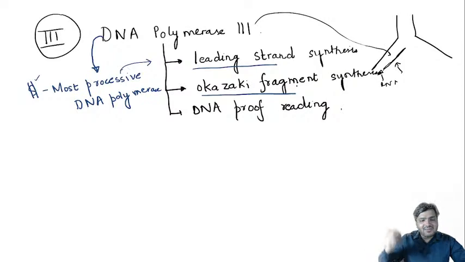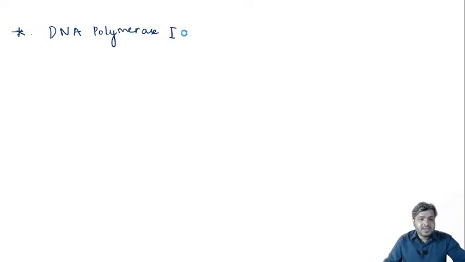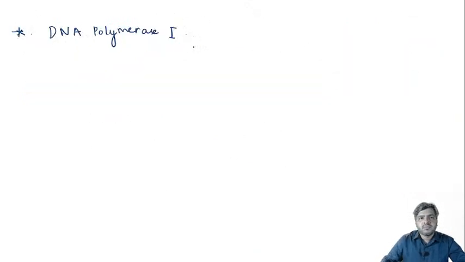Now guys, I wanted to highlight some important points on DNA polymerase 1. Just try to mention some points. Remember, DNA polymerase 1 is also called Kornberg's enzyme.